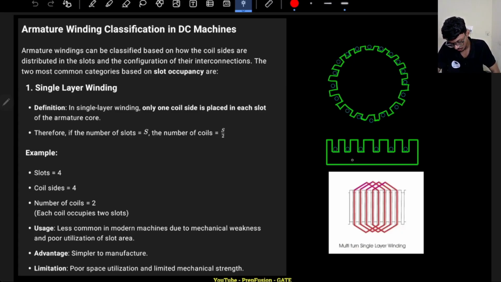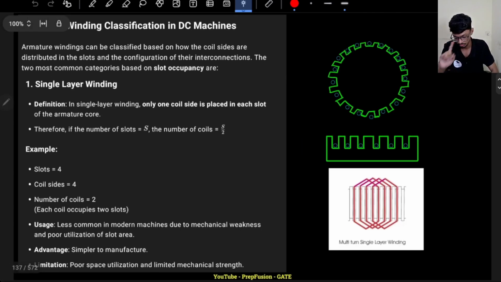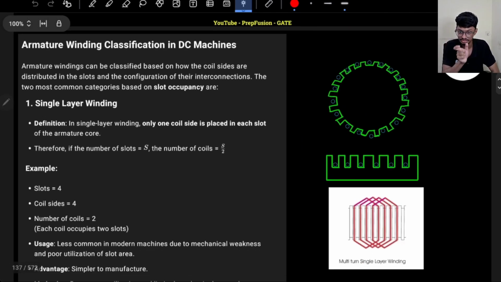So what will be the total number of coils? If this is one of the conductors, the other end of the conductor will be somewhere here, or somewhere here. So a coil is made from two conductors, correct? And each slot will contain one conductor. Sorry, I mentioned something else earlier, that each slot will contain one coil. I was wrong, sorry.